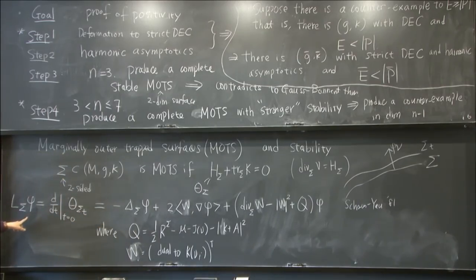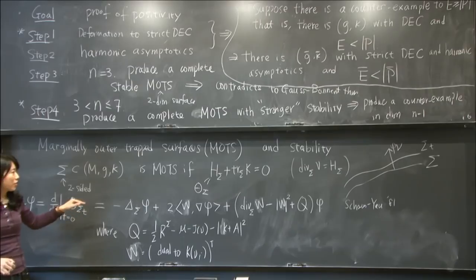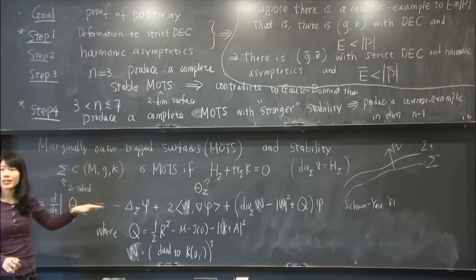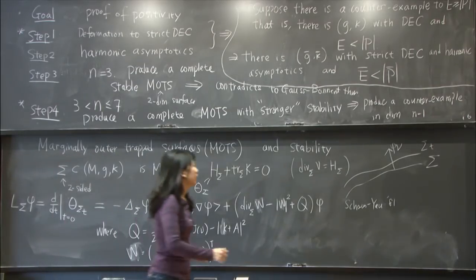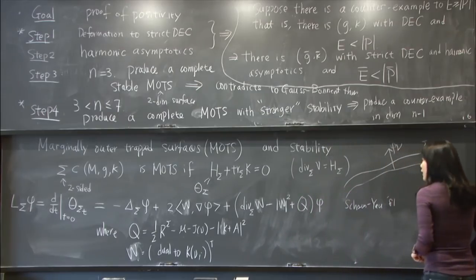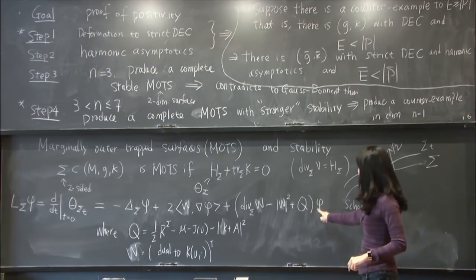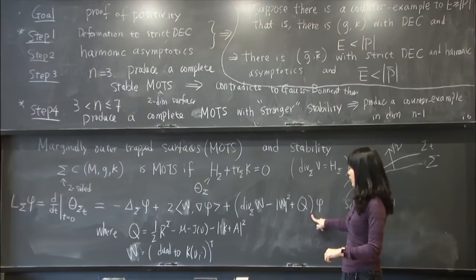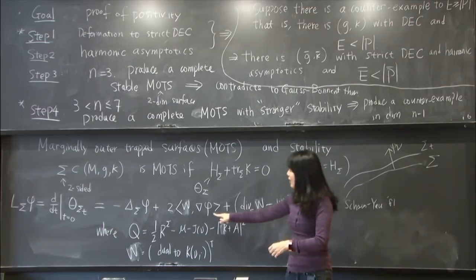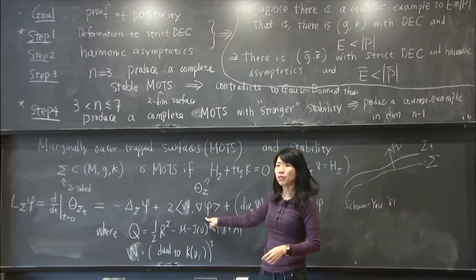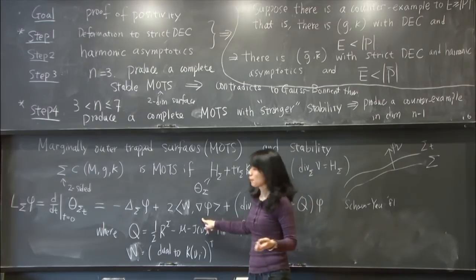So the stability tells you there's a function phi, which is positive, because here we're assuming sigma has no boundary, and satisfies L sigma phi greater or equal to 0. Since phi is positive, we're going to divide the inequality by phi. So this will be the zeroth order term by itself, and this will have gradient phi over phi, so it'll be gradient log phi.